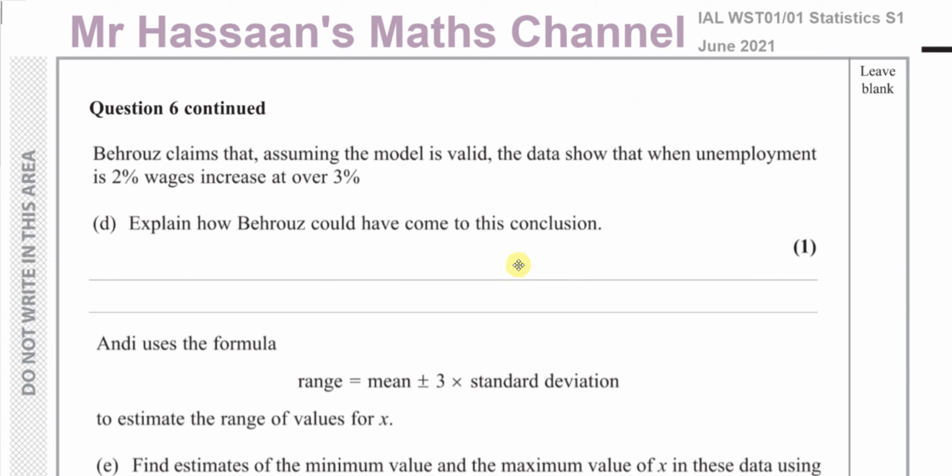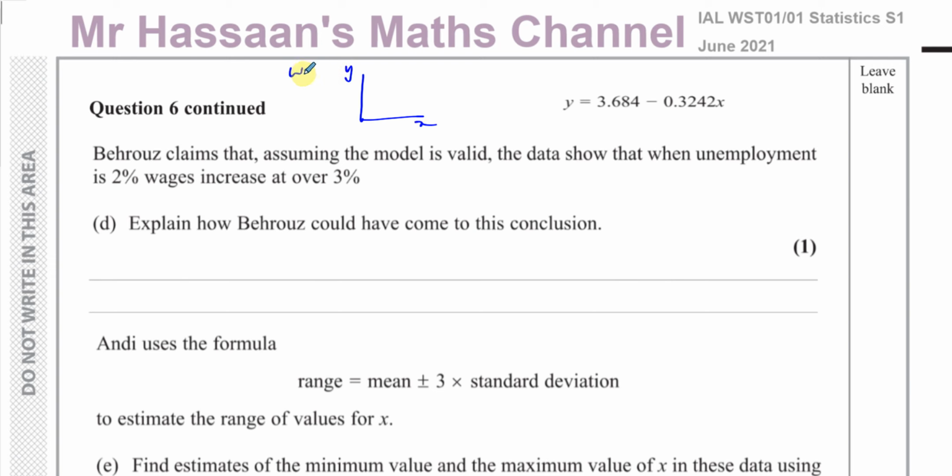Okay, now for part D. It says Behrouz claims that assuming the model is valid, the data show that when unemployment is 2%, wages increase at over 3%. Explain how Behrouz could have come to this conclusion. Okay, so let's take the equation of the line of best fit. Remember, it was how the increase in wages affects unemployment.